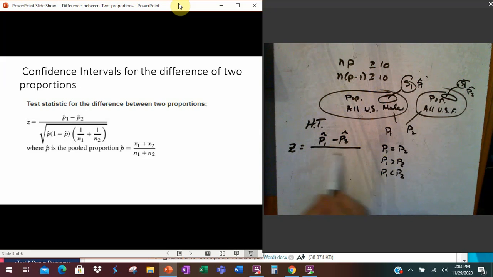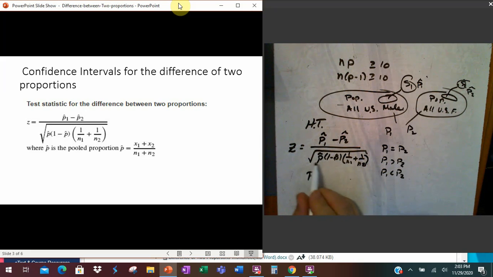And when we do the standard error from here, I'm going to use the pooled version. I'm just going to have P hat times (1 minus P hat) times (1 over N1 plus 1 over N2). All of that is under that square root.